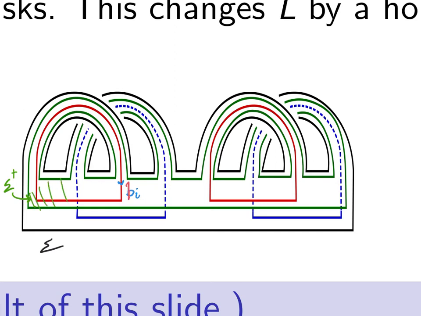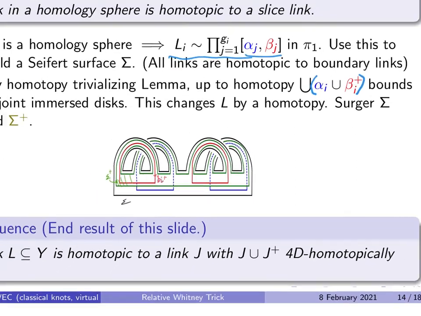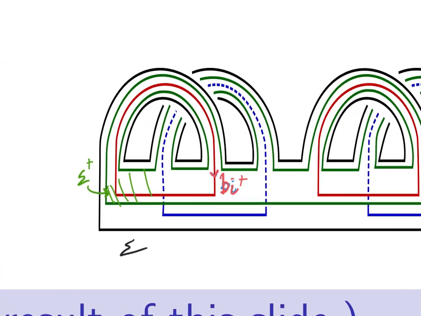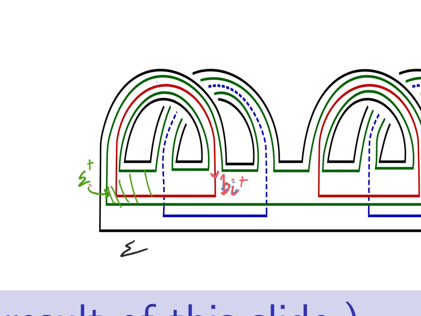On there, I see a copy of beta_i plus. Beta_i plus bounds an immersed disk. So I'll take sigma and I'll cut out a neighborhood of B_i and glue in 2 copies of this immersed disk.